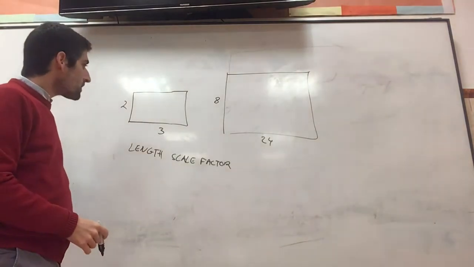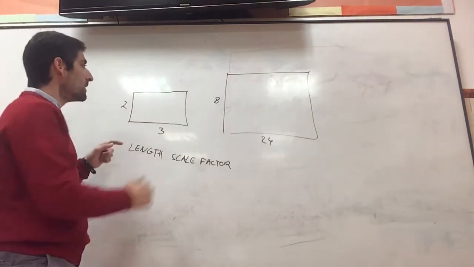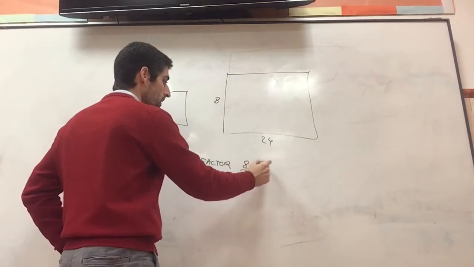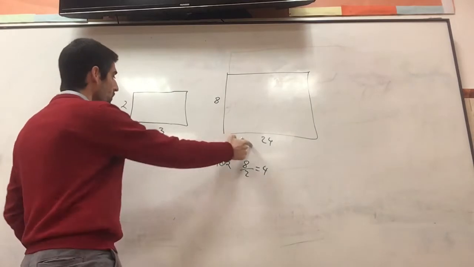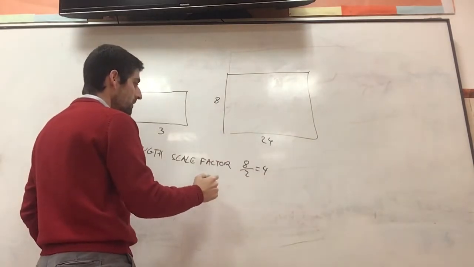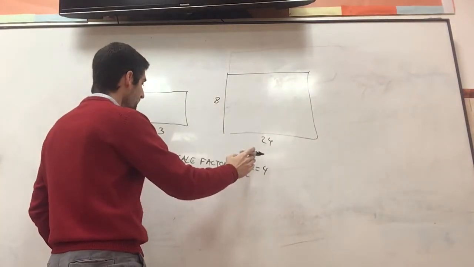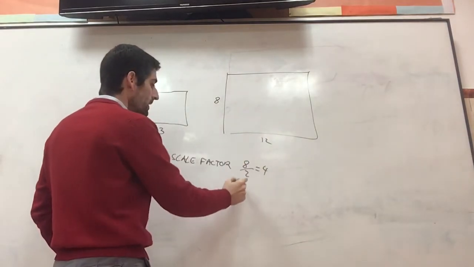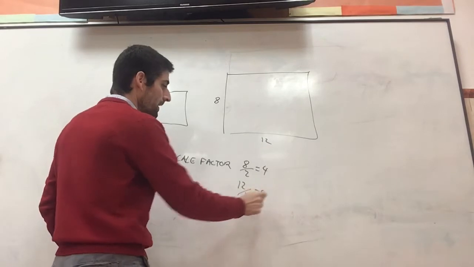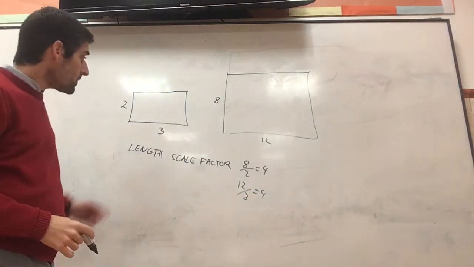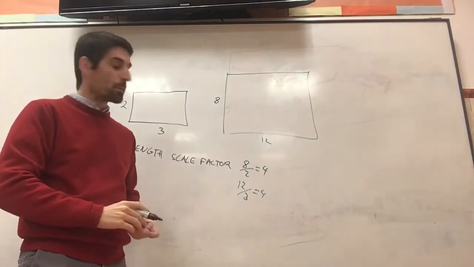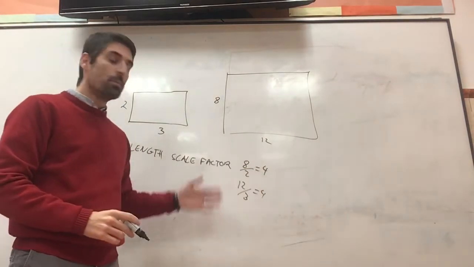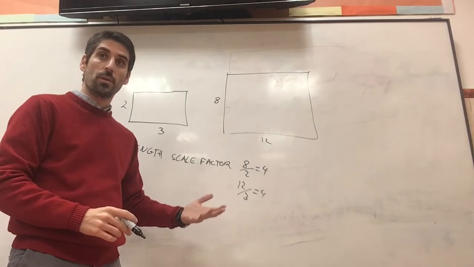So, we can see that 8 divided by 2 is 4. Or 24 divided by, it should have been a 12, 12 divided by 3 is 4. There we go. So, all the sides are in the same proportion, the length scale factor is 4. And you need to be able to find that in order to answer questions.